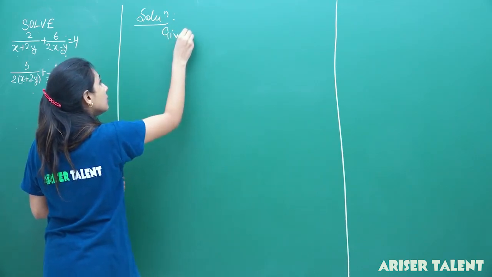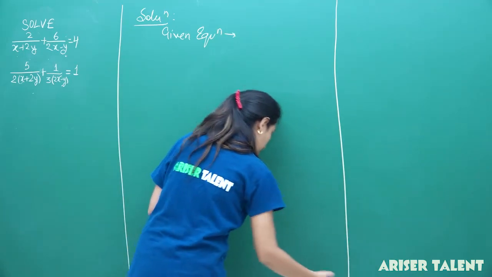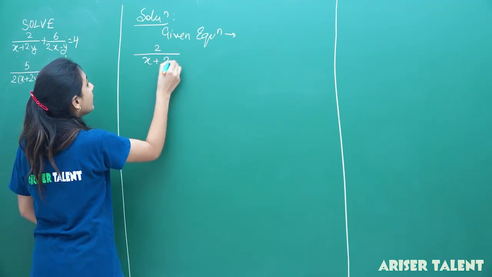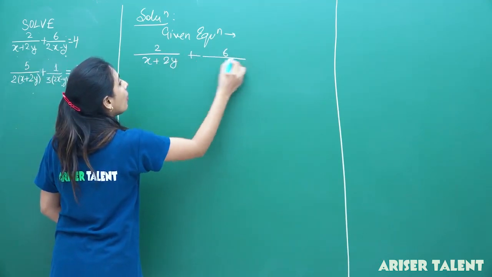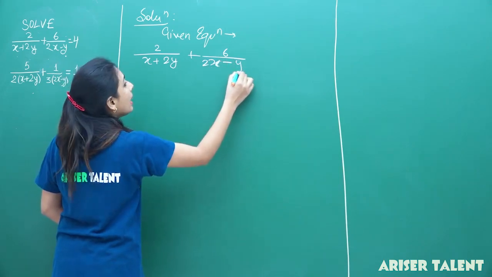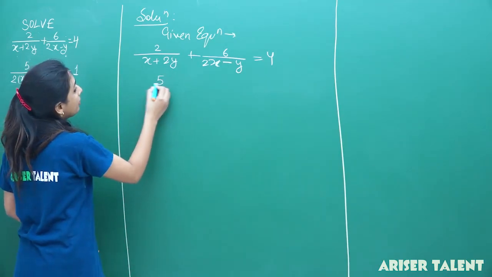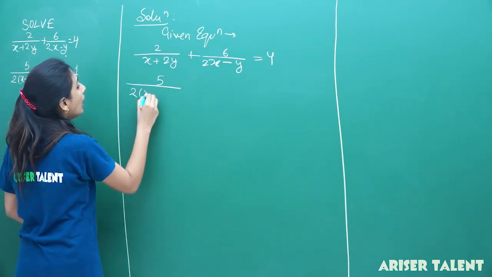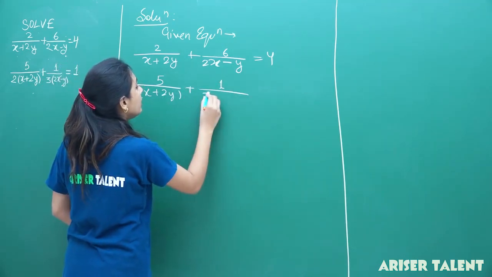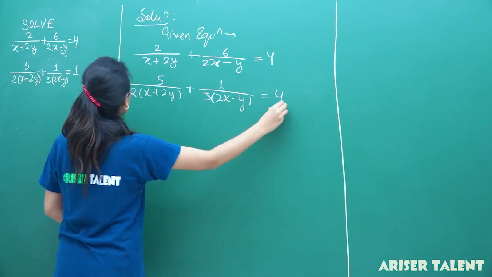Given equations are 2 upon x plus 2y plus 6 upon 2x minus y equals 4, and 5 by 2x plus 2y plus 1 by 3 times 2x minus y equals 4.